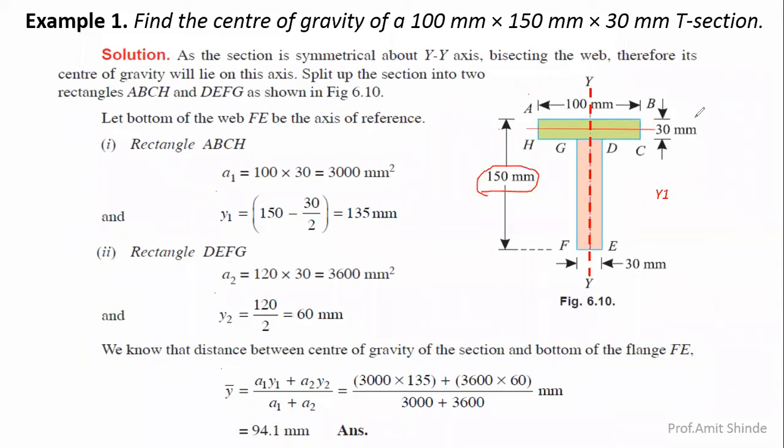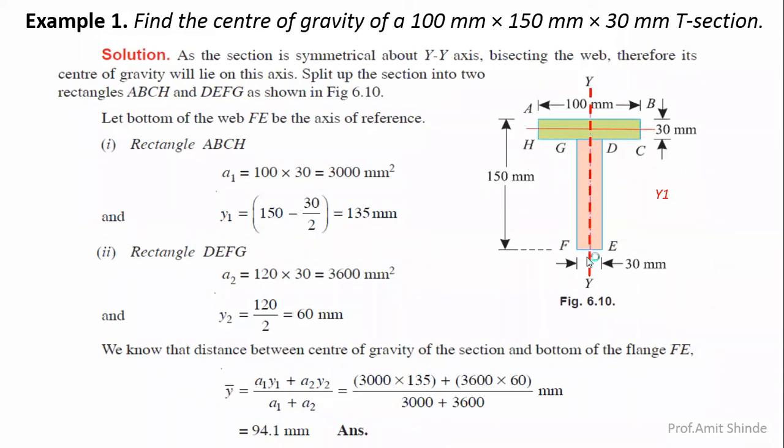Out of that, we subtract half of this depth, and this depth is 30, so half of it is 15. Therefore 150 minus 30 by 2, that is 15. If you do this calculation, you get the distance of 135 from the bottom.